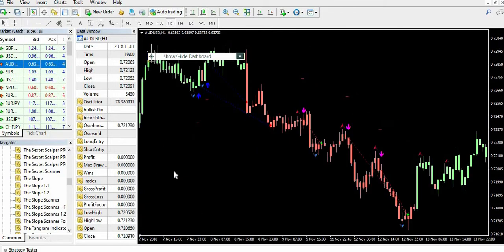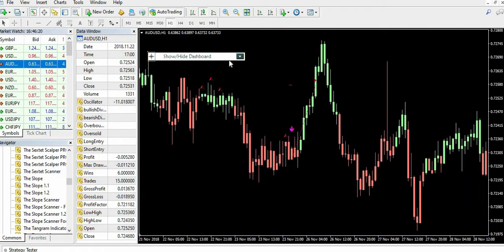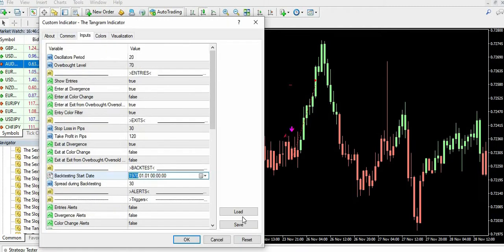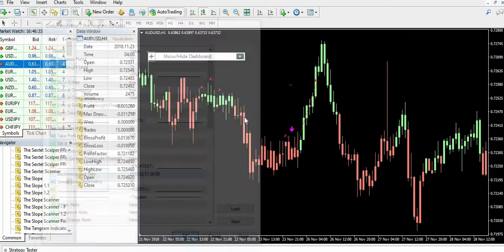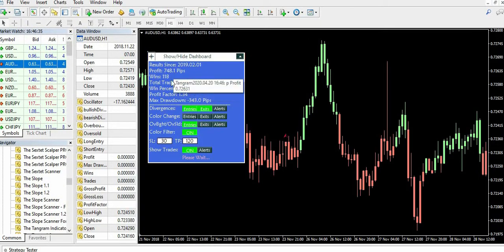Okay, if you wanted to start tracking from anywhere nearer, you would just change it to, let's say, 1 January 2019. Okay, or maybe February. And then you would get different results. And you see here results since 1st of February 2019.